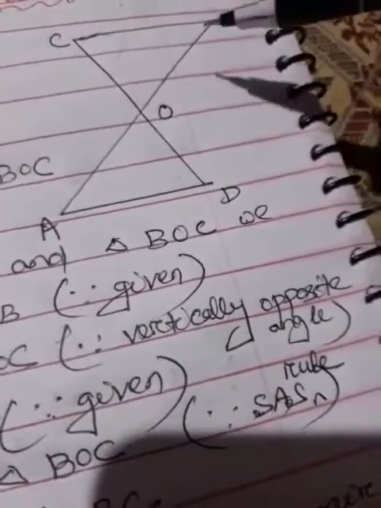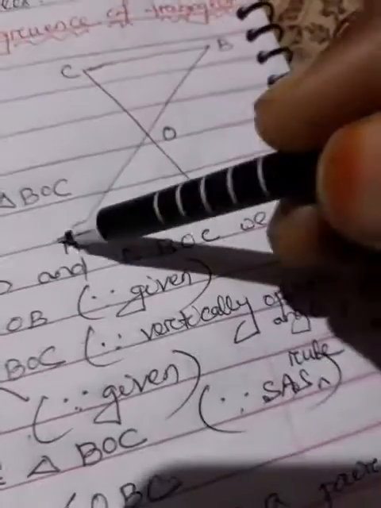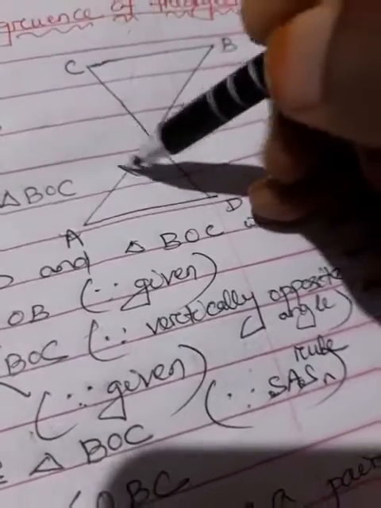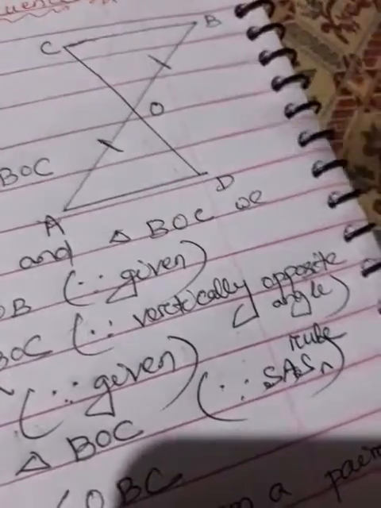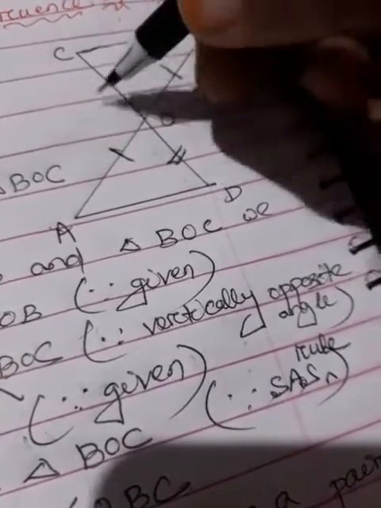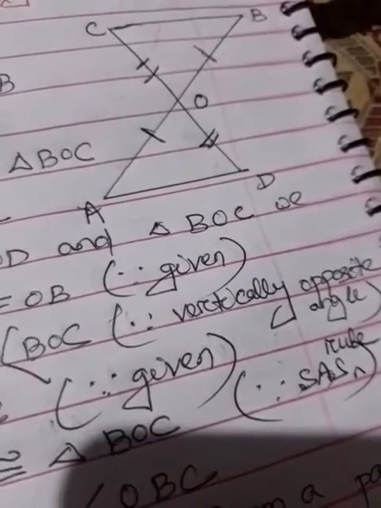Here we see an example. Example number 1. In this figure, given OA is equal to OB, OD is equal to OC.